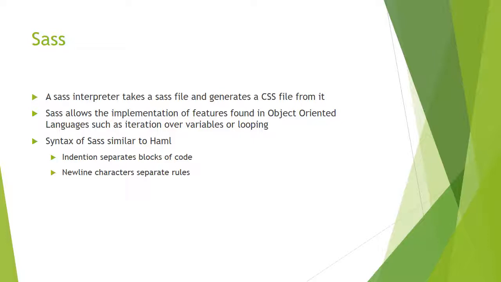The syntax of SASS is very similar to HAML, namely it uses strict indentation rather than actual characters to delineate code blocks and individual rules. Whereas with regular CSS, a code block is delineated by bracketing and rules are separated by semicolons, in SASS, you have nesting.